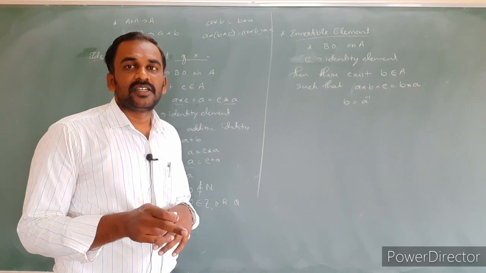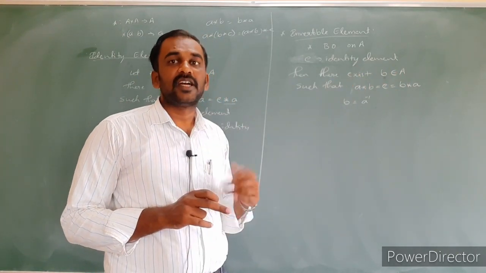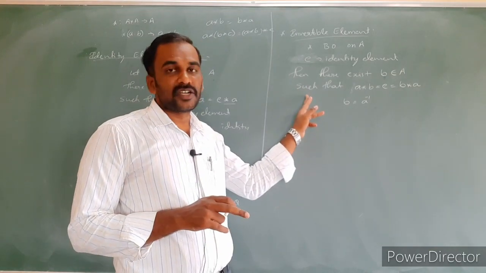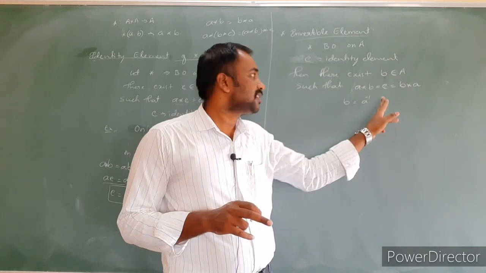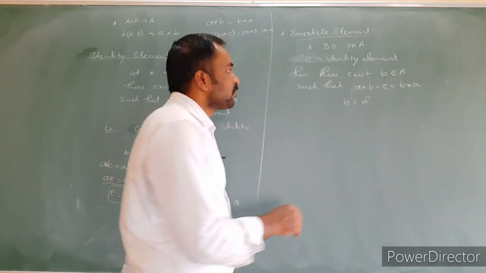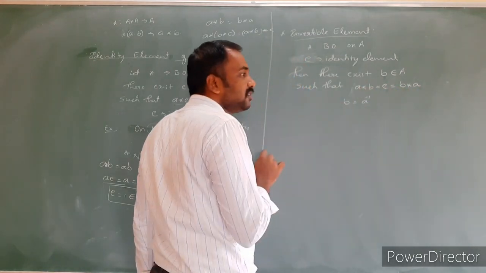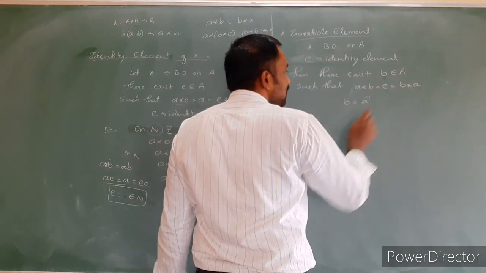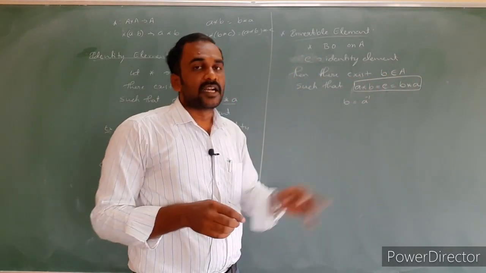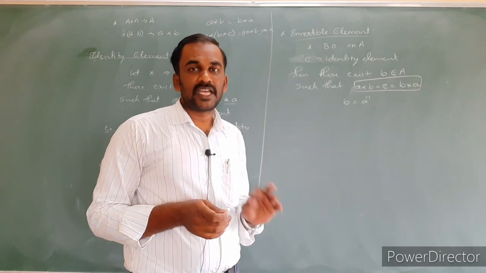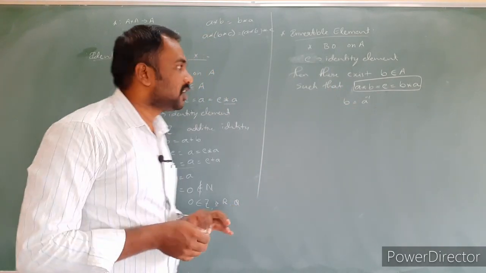Then there exists another element B in the set A, satisfying the condition A star B is equal to E as well as B star A is equal to E. If this condition is satisfied, then we can say that B is the required inverse of the element A and we denote it as A inverse. This is the definition. Are you clear about this one?